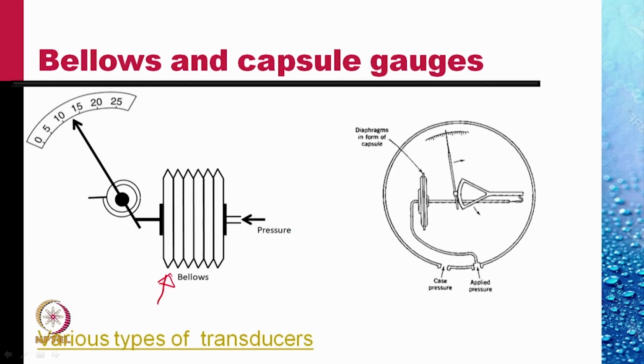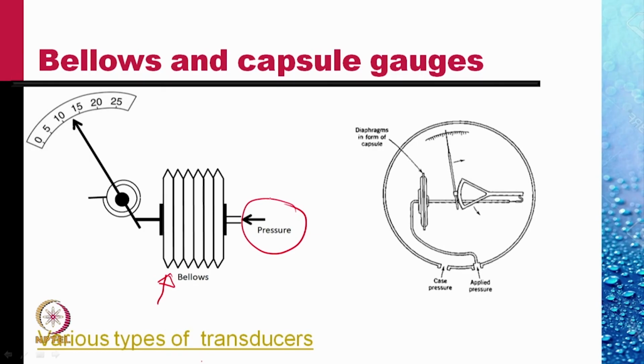The other pressure that we want to measure is transmitted inside the bellows, and depending upon the pressure, the bellows move in and out. And as the bellows move, they push the pointer around a scale. More the pressure, more is the reading on the scale.